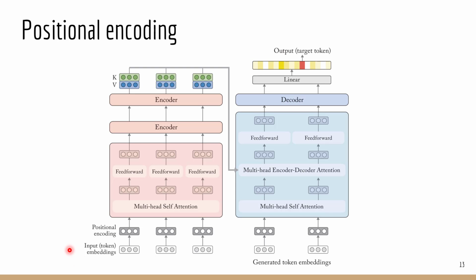Therefore, we need some additional piece of information to let the model know the relative positioning of the input, the order of words we have at our input. In fact, the recurrence we have in recurrent neural networks is kind of limiting because first of all, it is computationally expensive, and secondly it limits our ability in capturing long distance dependencies in the context.